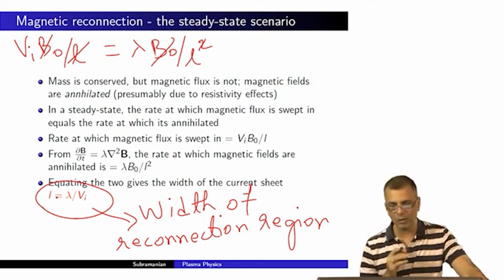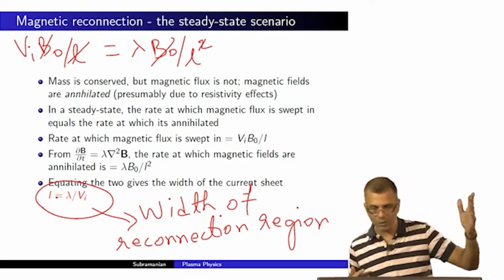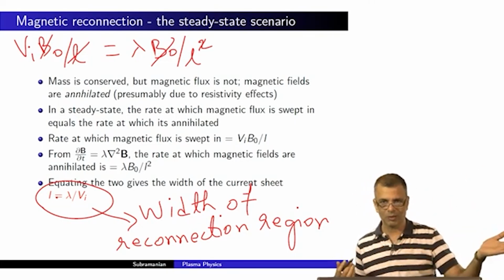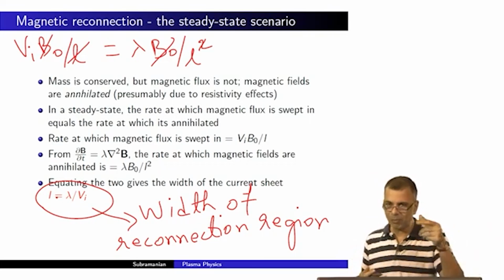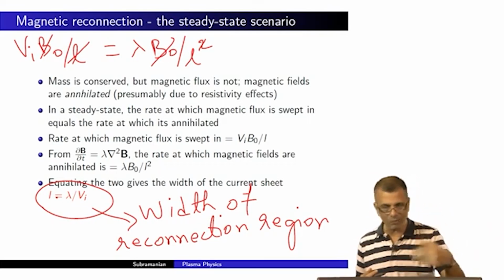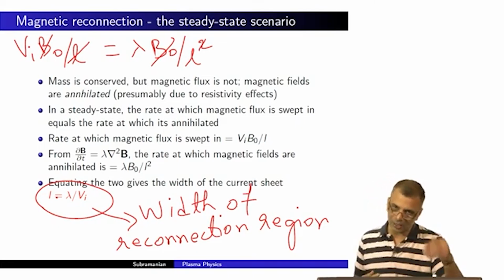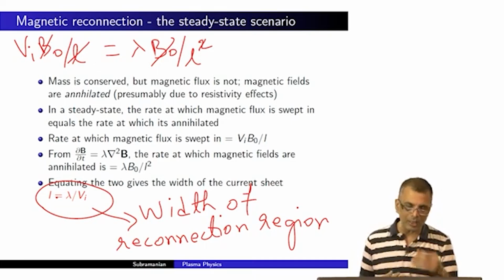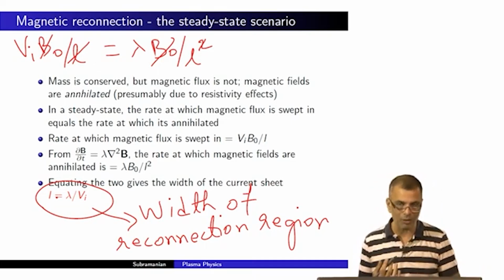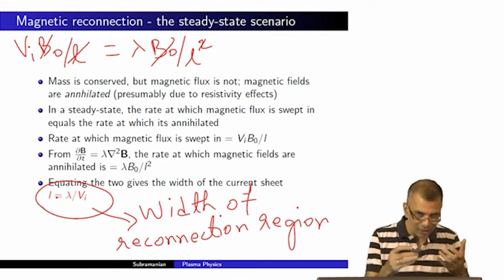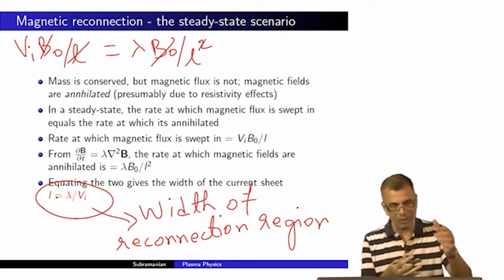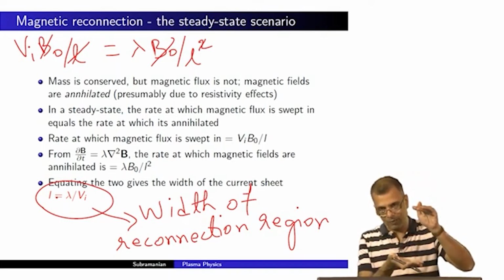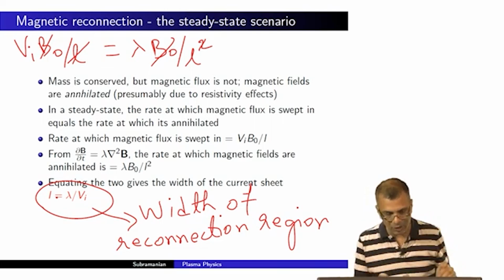Maybe I should use the word anomalous resistivity, because in the bulk of the flow, the resistivity is technically 0. It is only in here that some resistivity, due to some non-ideal effects, starts to appear. It is kind of an anomalous effect. So, the larger that anomalous resistivity, the thicker the reconnection region.